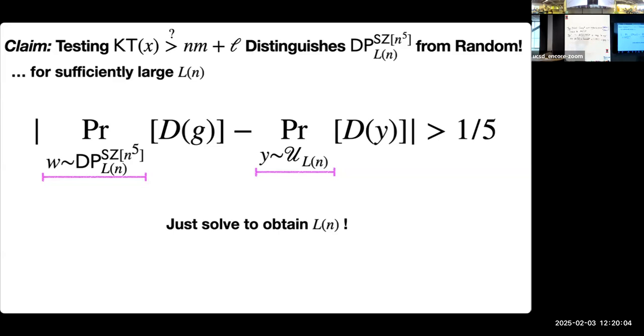Okay? So this is actually easy on average.